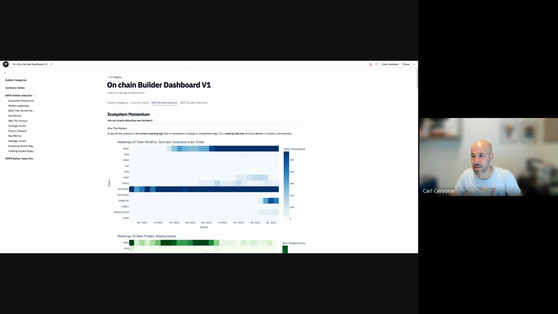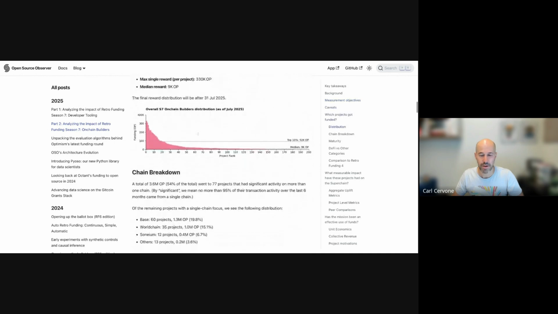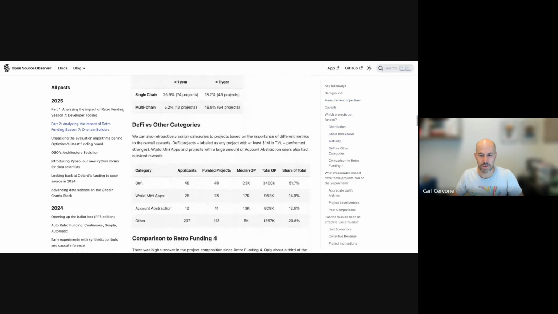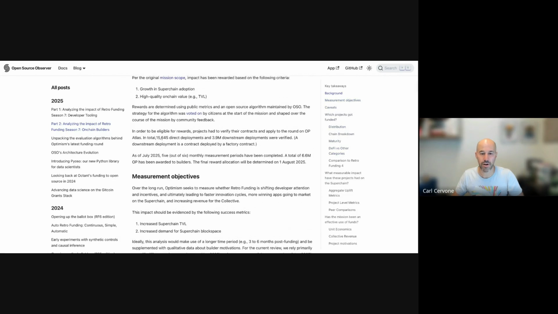I can just jump ahead right now, it's kind of in here actually. If you look at the on-chain builders round, I think it's mentioned here. Okay, so a total of 15,000 contracts were registered directly using contracts v0.